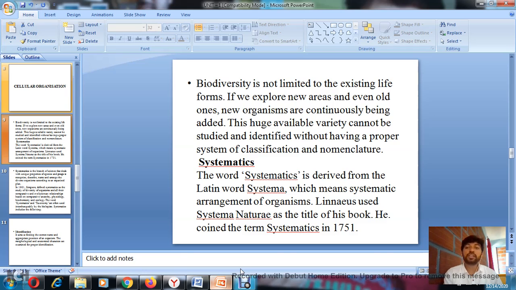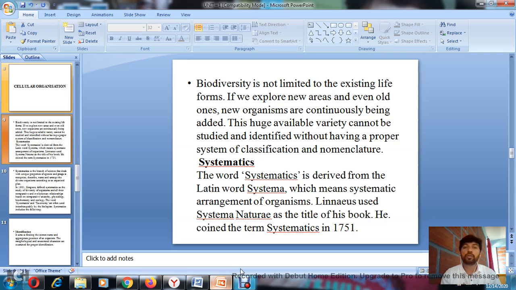This huge availability and variety cannot be studied and identified without having a proper system. So scientists have adopted some techniques for how to identify an organism, how to name an organism, and where to keep it in the hierarchy. Maybe it belongs to the animal kingdom, or maybe to Monera like bacteria, or maybe to the Mycota kingdom as a fungus, right?